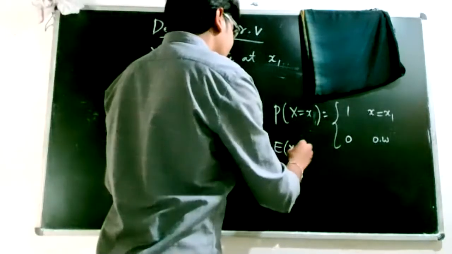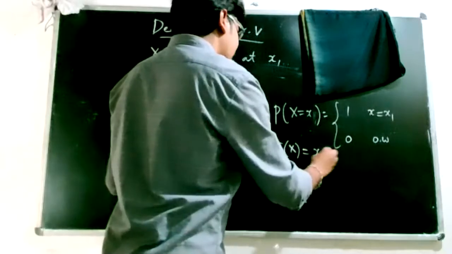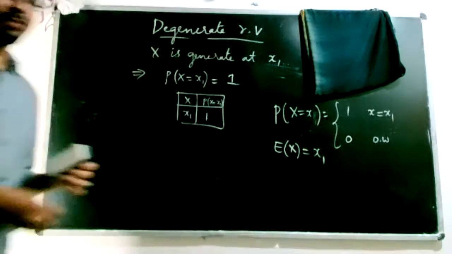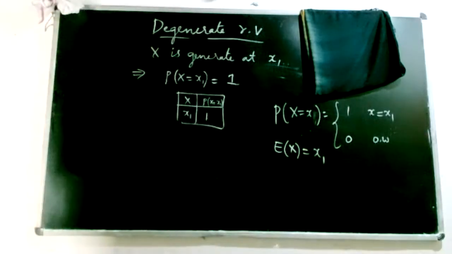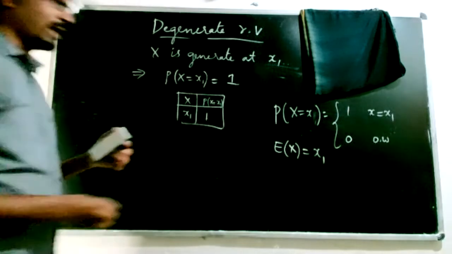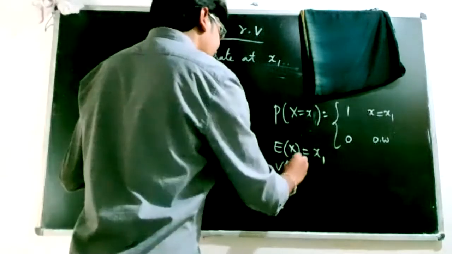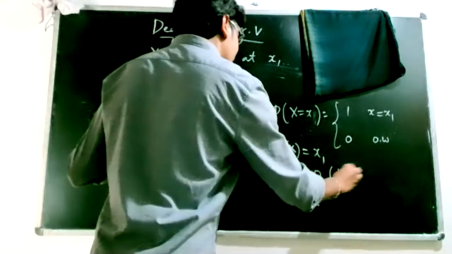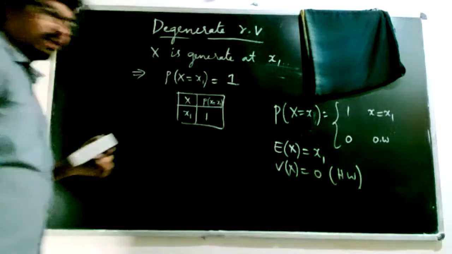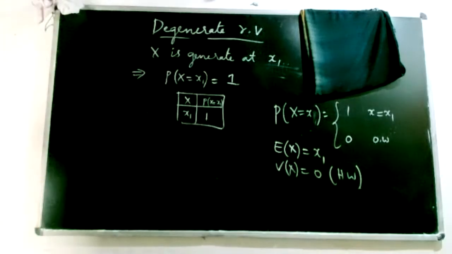So for a degenerate random variable, the mean is the same as the value taken by the random variable, and variance of x is equal to 0. So try and derive the variance and observe that it is equal to 0. So this is about the degenerate case.